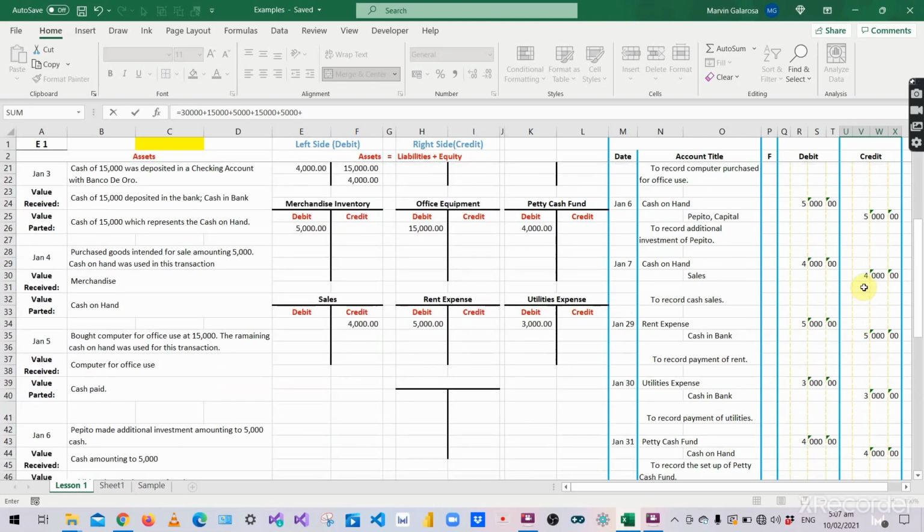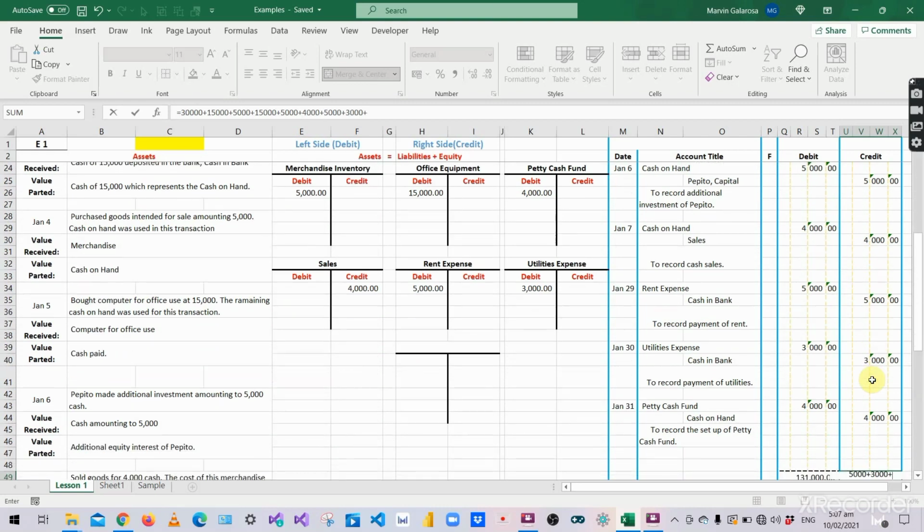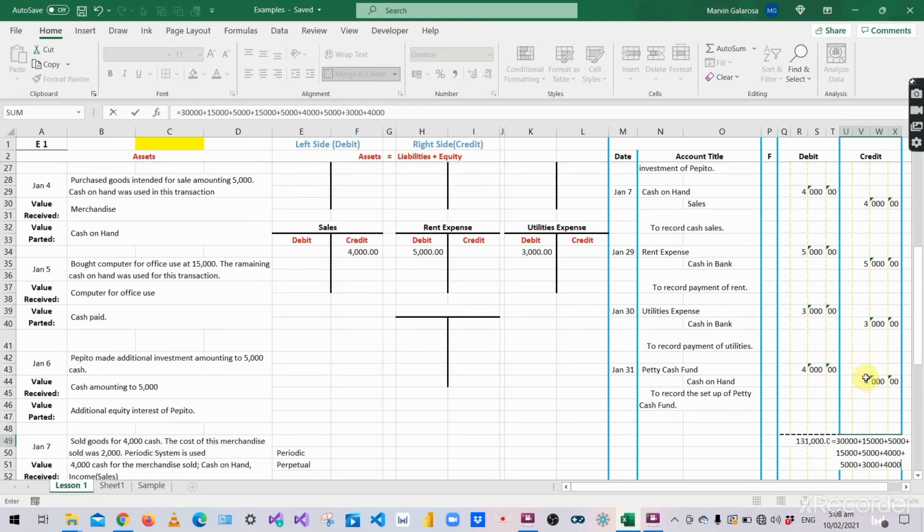Then sa January 7 plus 4,000 plus 5,000. January 30 plus 3,000. And then lastly, January 31, 4,000. Dapat equal ang total credits and total debits.